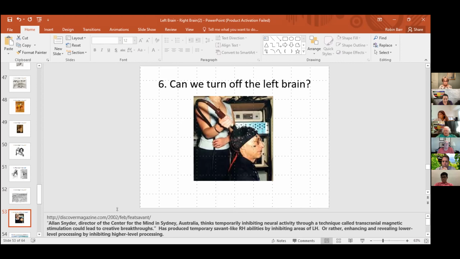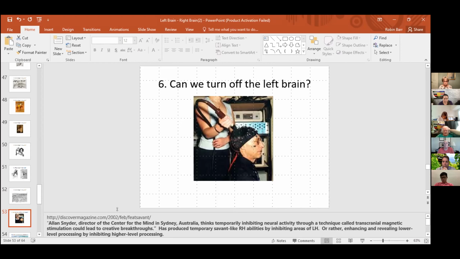and so when you turn off that part of your brain, then the parts of your brain that have been inhibited up to that point are able to be free and do their thing. So he says we can temporarily inhibit the neural activity of some part of your left brain and let your right brain go free.